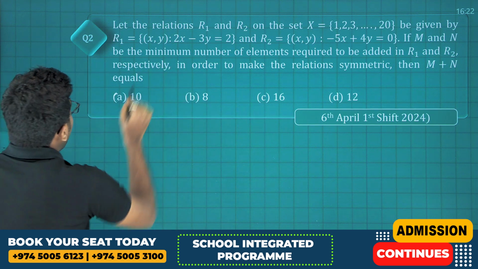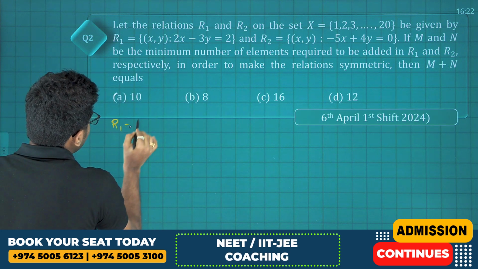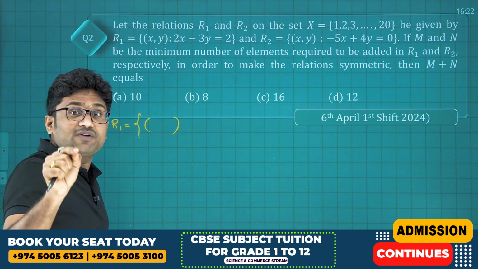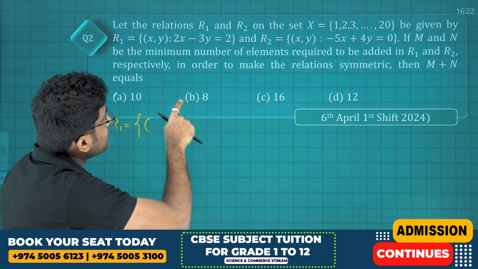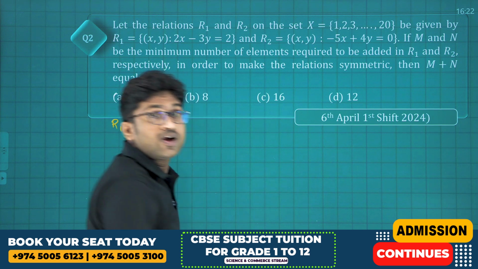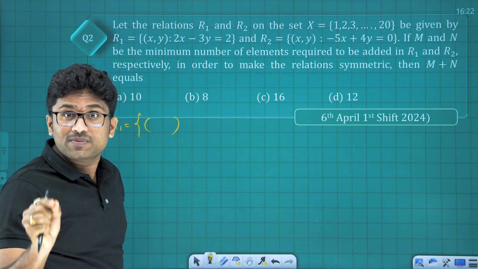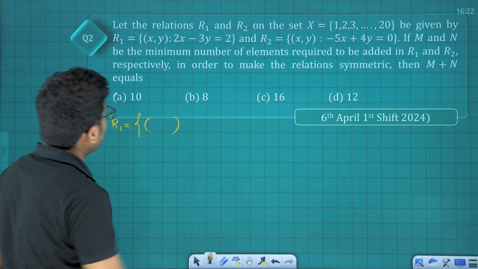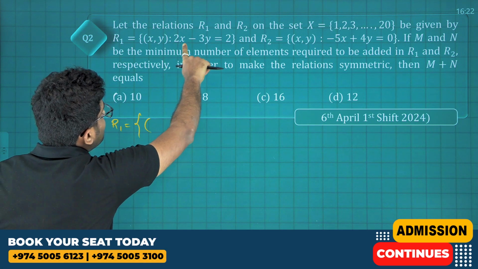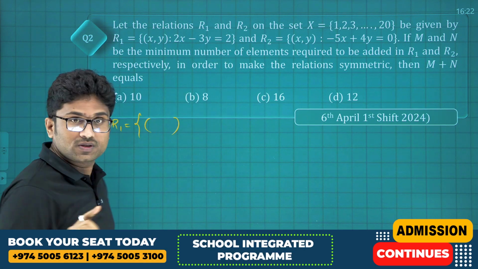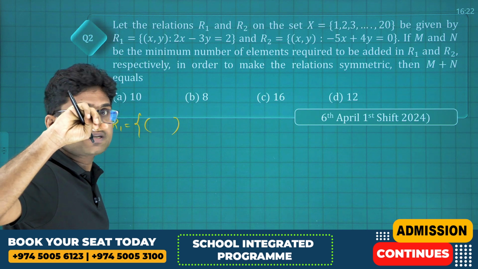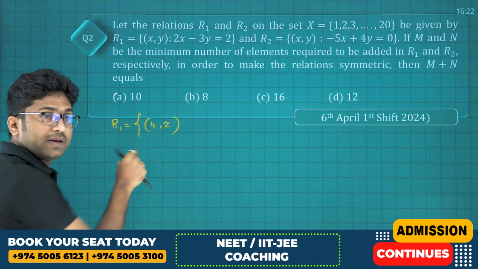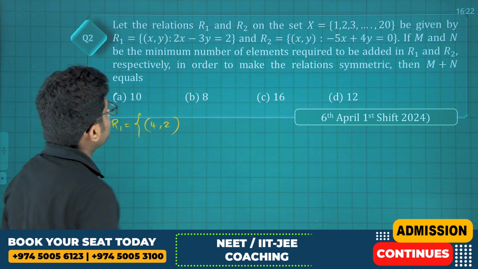Chalo. So R1 is the set of pairs with 2x minus 3y equal to 2, but x comma y should be from 1 to 20 only. If you take 2x equal to 3y plus 2, then 4 comma 2 will be an ordered pair. 4 comma 2 belongs to R1, correct?